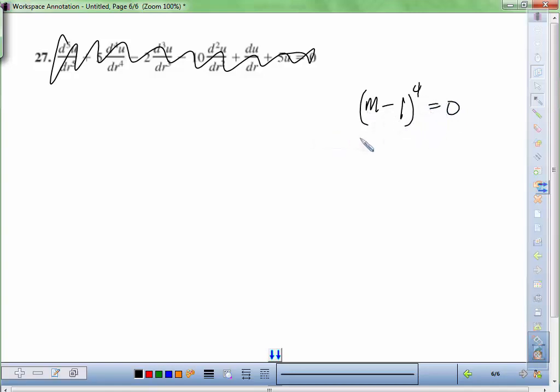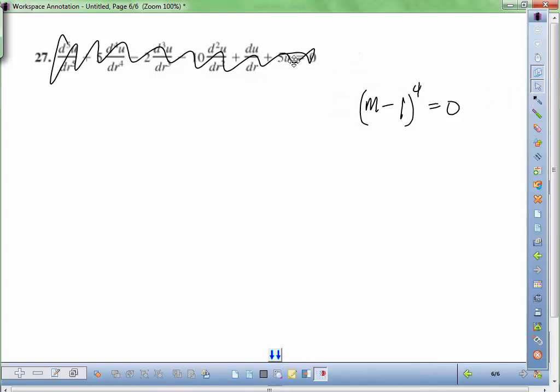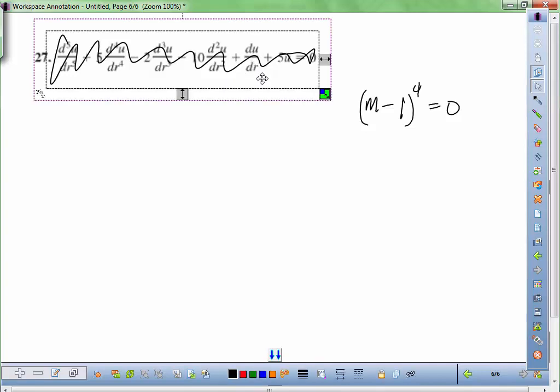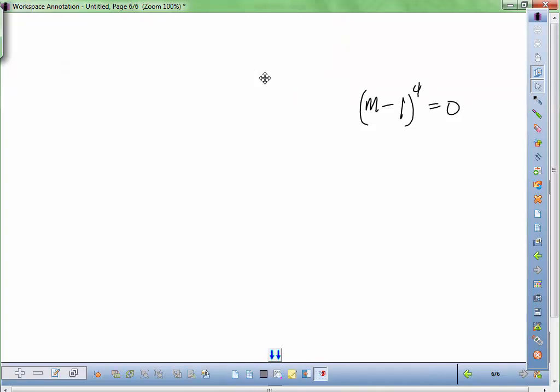What's the differential equation if I expand this? How do I expand this, by the way? I want to actually multiply everything out. If you remember your Pascal's triangle, I would go backwards.